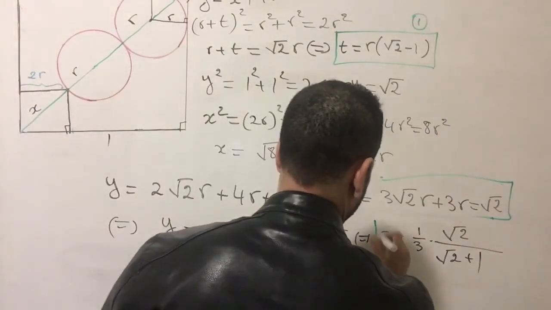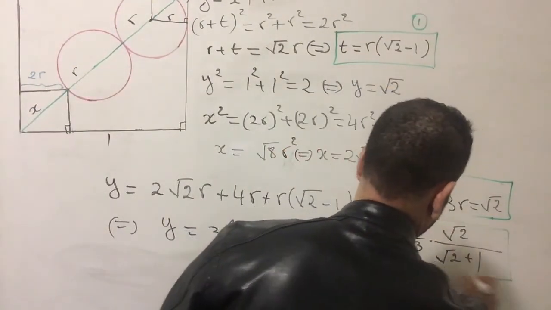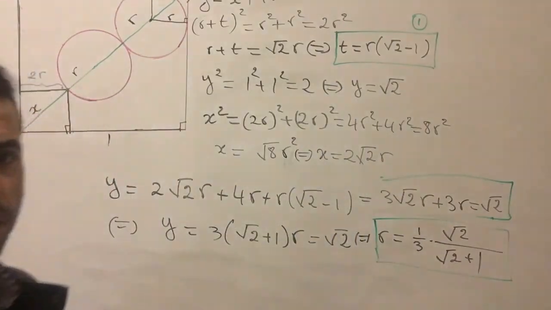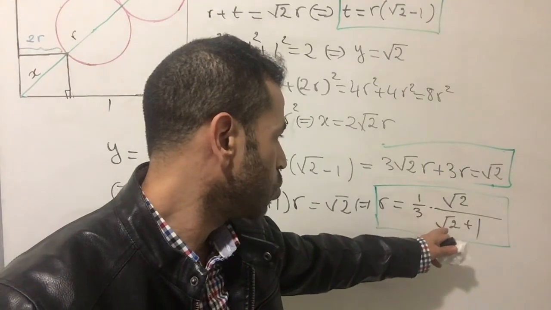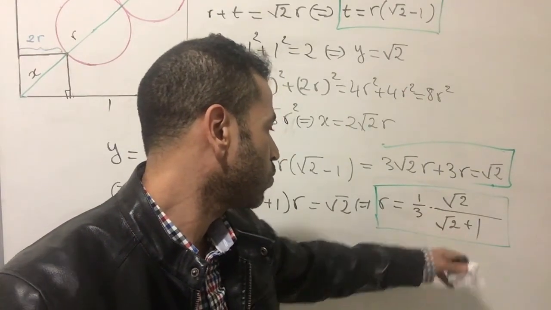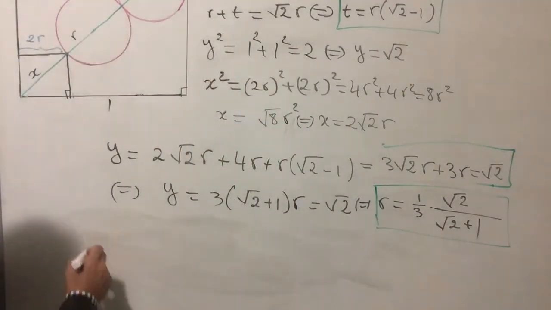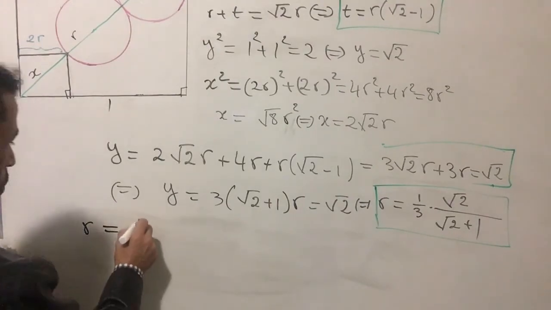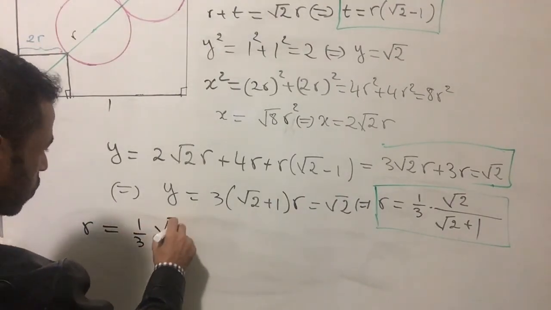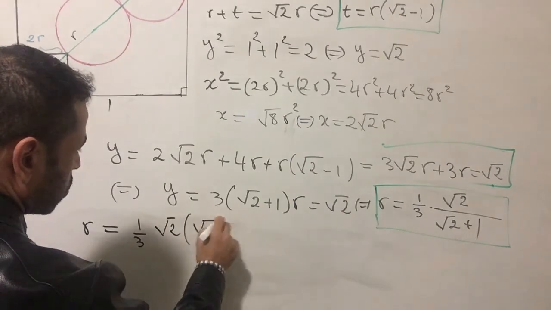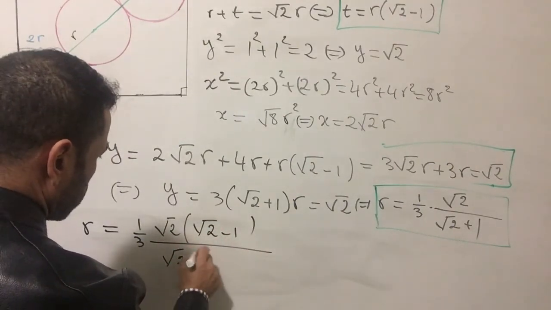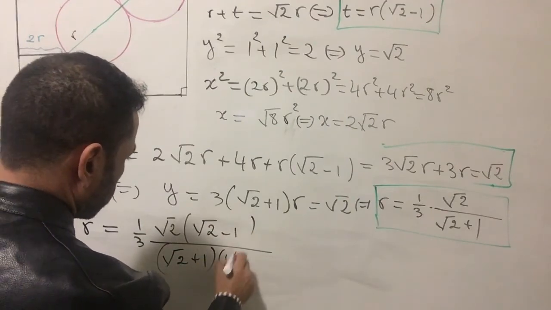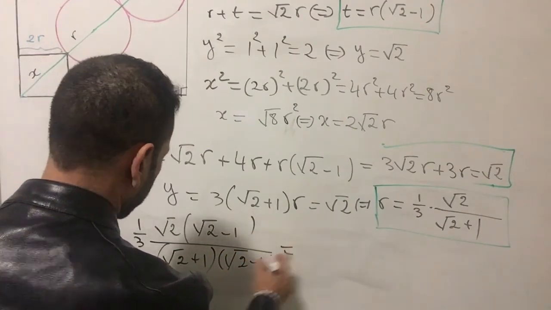Here is the value of r. What I'm going to do now is rationalize this by multiplying numerator and denominator by square root of 2 minus 1. So I will have r equal to 1 over 3 multiplied by square root of 2 times square root of 2 minus 1 over square root of 2 plus 1 times square root of 2 minus 1.